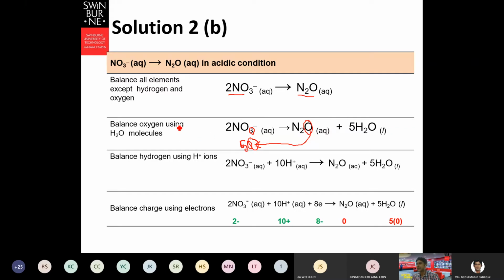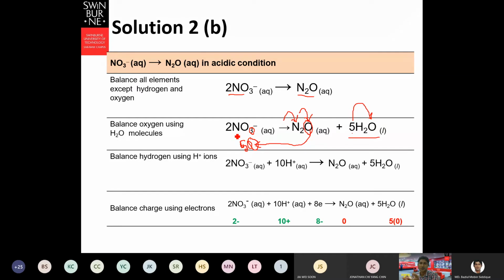And that is what is happening here. Since I have balanced 5 oxygen here, 5 water molecules will be produced. And then we are much better off at this position, because I already have 6 oxygen atoms solved and 2 nitrogen atoms solved on both sides.